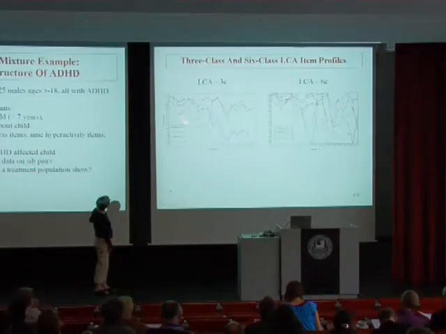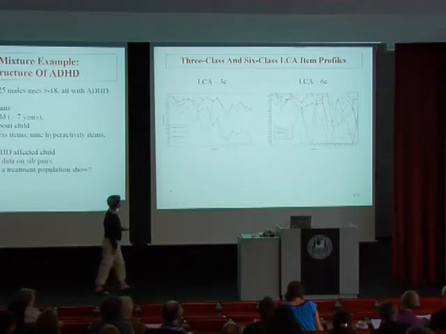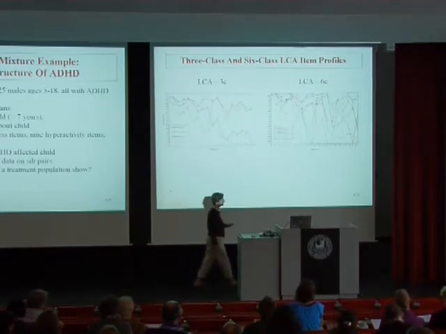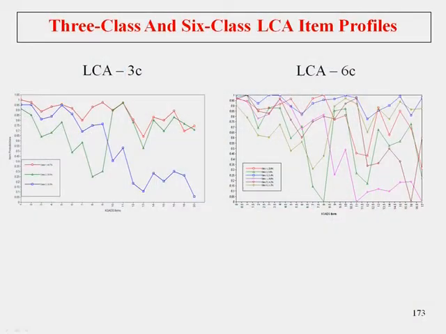And then another one that is higher on the hyperactivity and somewhat lower on the inattentiveness. When we look at the six-class solution that the BLRT suggested, it really is hard to see anything very clear about the classes. So based on that, we decided to settle on the three-class solution.